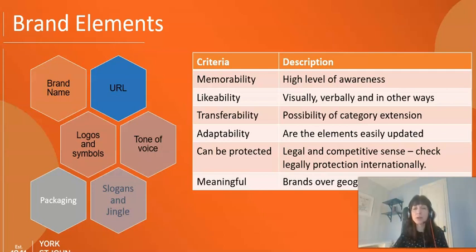So McDonald's, I'm loving it, and that little tune that goes along with it was created by Justin Timberlake. They spent a significant amount of money because that's about repetition, it's about learning. So when we come to our brand elements, we want to make sure people remember them, that they have a positive attitude and like them, and that if possible, we can use them in different categories.